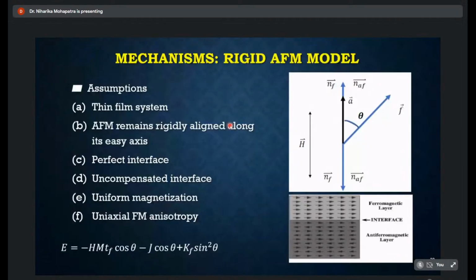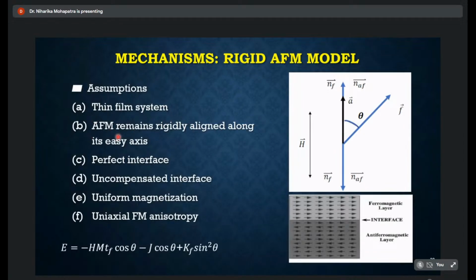For proper understanding, a model was given. This is the model given by Meiklejohn and Bean. In this model, they have assumed these particular points. They considered a thin film system, where they have combined one antiferromagnet and one ferromagnet.